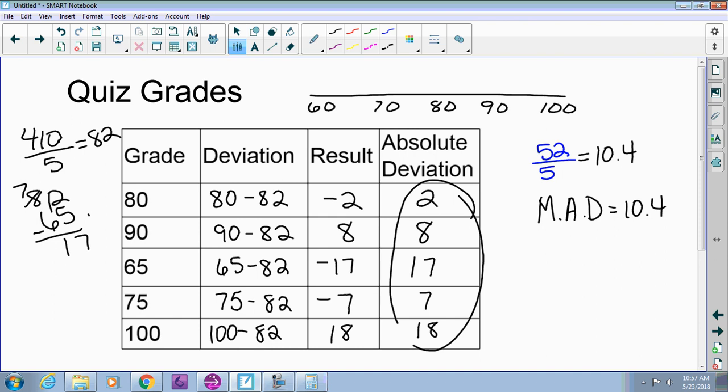We had a score of 80, a score of 90, a score of 65, a score of 75, and a score of 100. We found the average to be 82. Those high grades pulled up some of those lower grades that were down in the range of 65, 75.